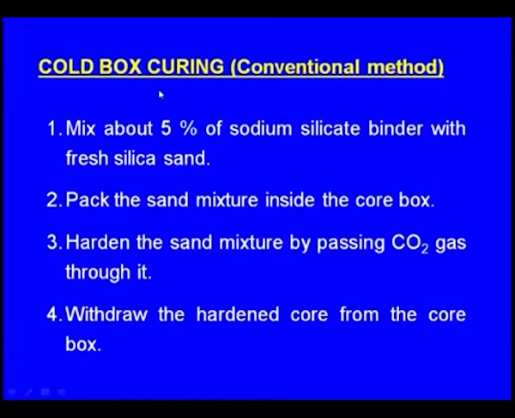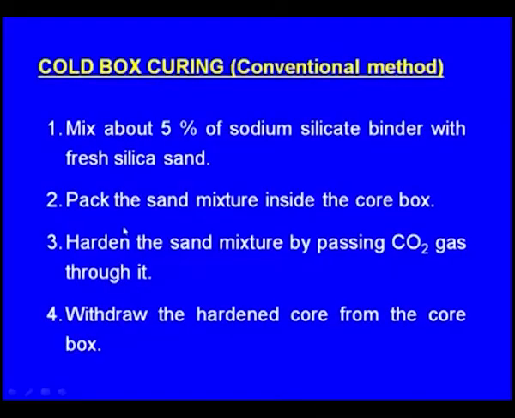First let us see the cold box cured cores. This is the procedure. Mix about 5% of sodium silicate binder with fresh silica sand. It should be fresh silica sand. Pack this sand mixture inside the core box. The core box will have the required cavity, similar to the core.